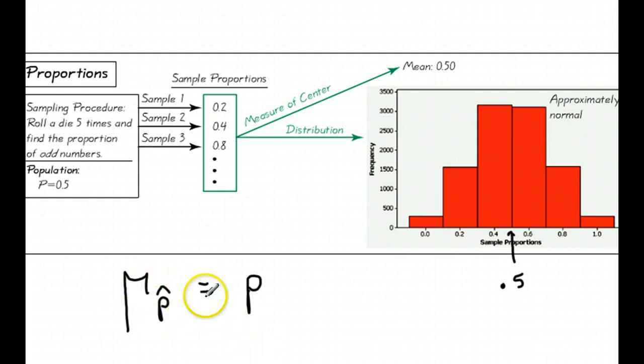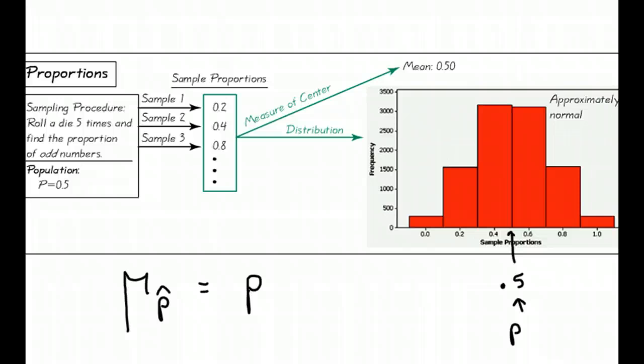Mean of the sample proportions is equal to the population proportion. Right, this is P in this case. Right, and remember, because it's a bell shape, the bell curve peaks at the mean. Right, because the mean is the mode when you're dealing with a bell curve. So that population proportion is the mean of the sample proportions. That's what this is saying.